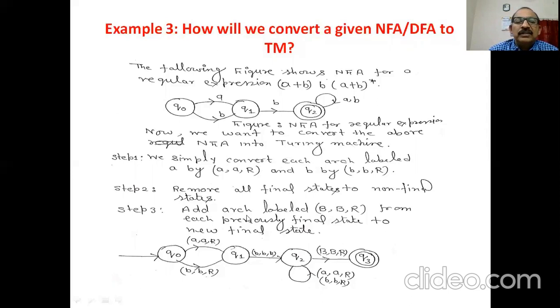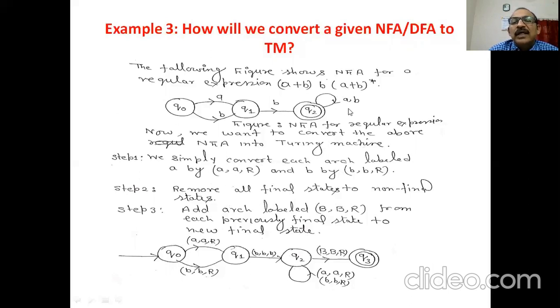With the help of this three-step algorithm, you can convert a given NFA or DFA into a Turing machine. Here you can see, we replace this arc A by AAR and this arc B by BBR, this arc B by BBR, and here this arc A, B by AAR and BBR.